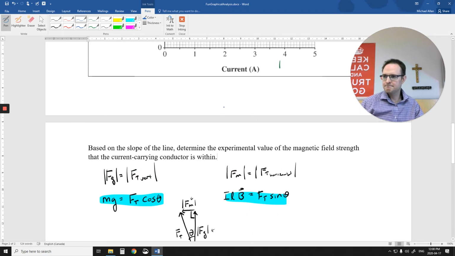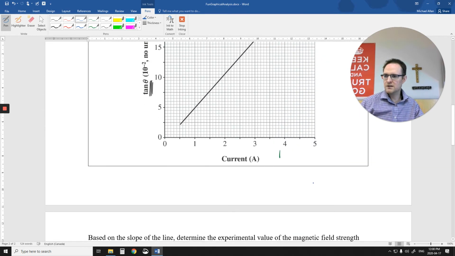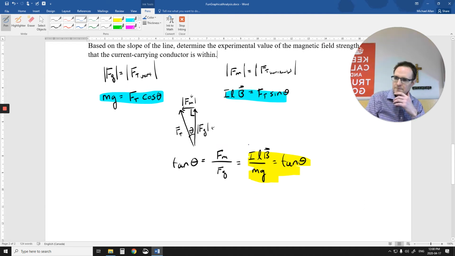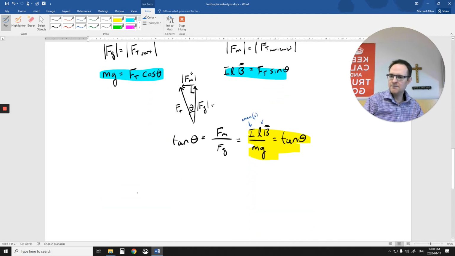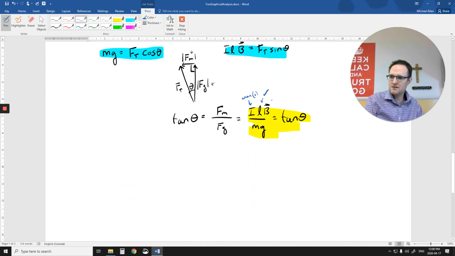Let's go back up here. Oh, current is my manipulated variable, which is my x variable. We have the length, which is 8 centimeters here. We're looking for this. This is my control variable.